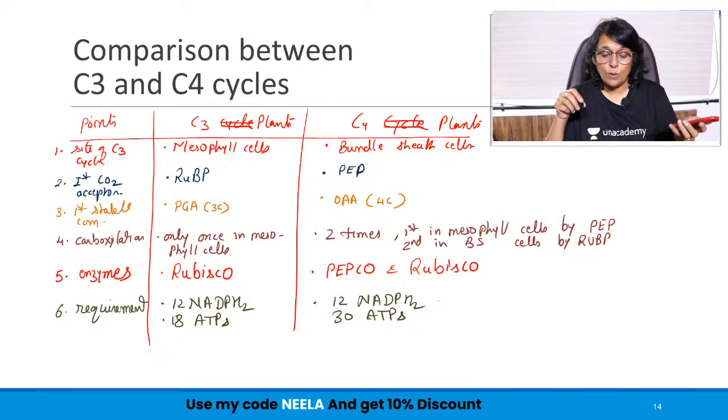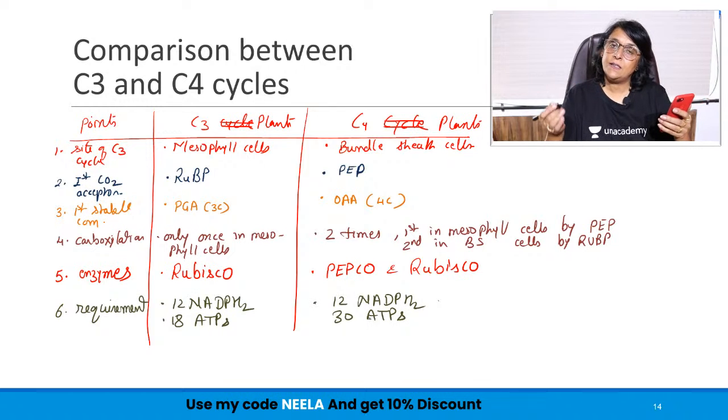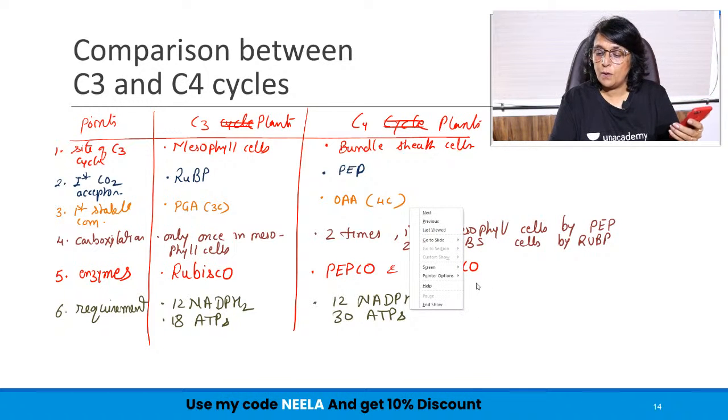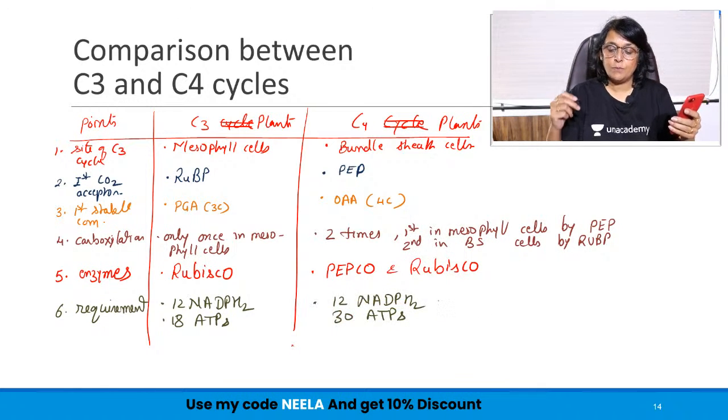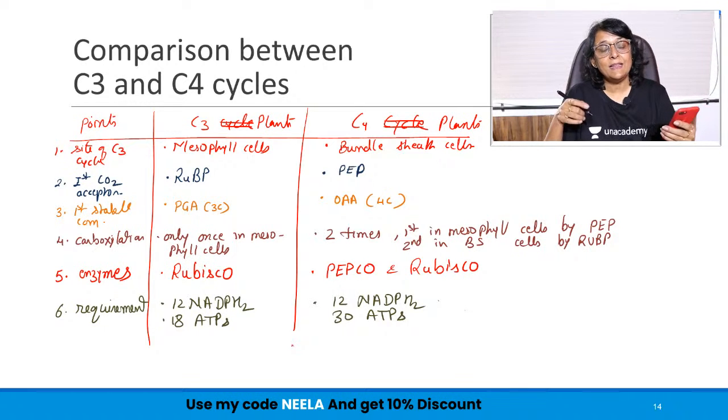And that is how, because in C4 plant, C3 cycle anyways takes place. So C3, 18 ATP, and for extra C4, 12 ATPs more. And that is how we come to this number of 30 ATPs. See, all the points which I have written, most of you have answered these points. That means now you have understood the C3 cycle and C4 cycle.